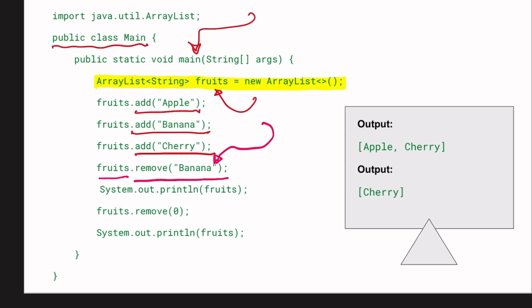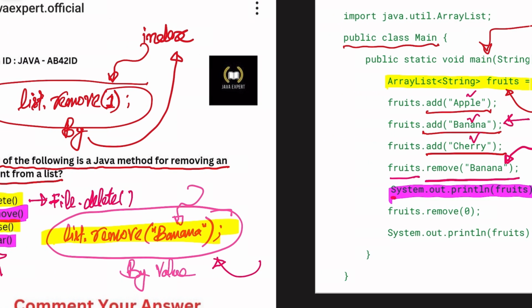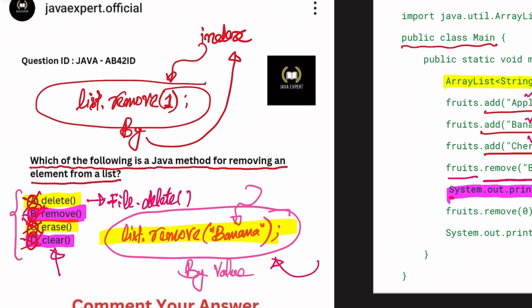And after that, when you print this on the output screen, you can see this is the output for that, because initially we have three objects, 1 2 3, but we have removed this one, so remaining we have apple and cherry.